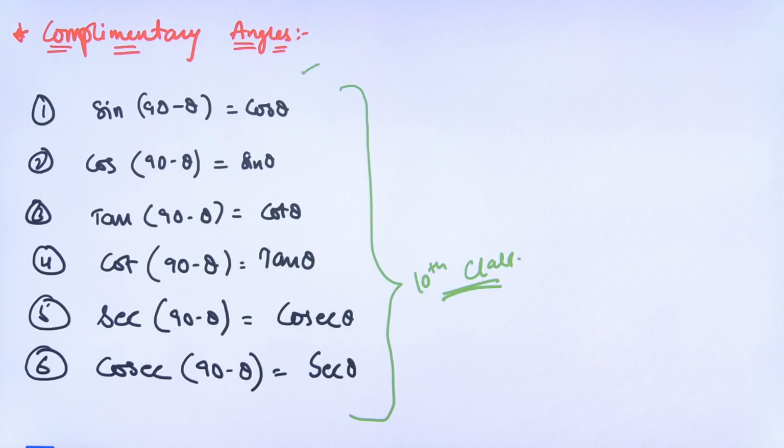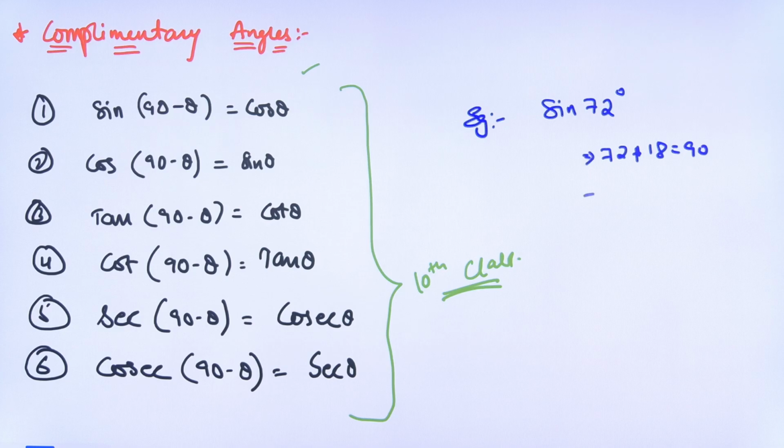One small example I'll let you know, students. See, sine 72, how will we write it in terms of cos theta? See, students, for this what you should do? 72 plus 18 will give us 90, right?